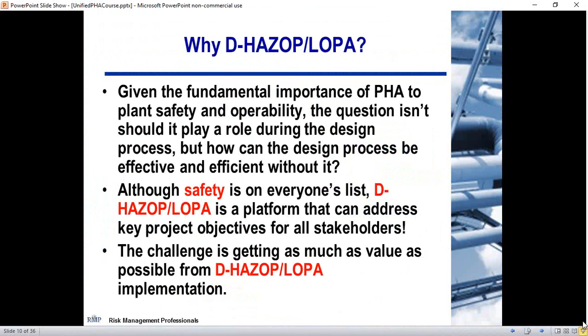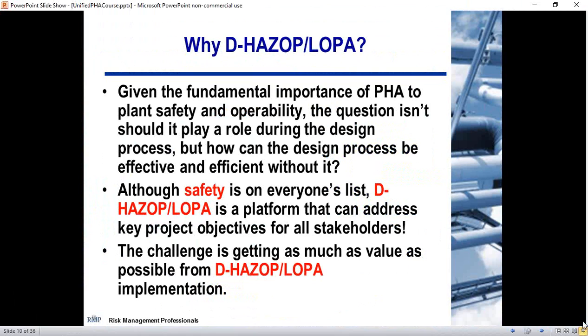Those techniques are very helpful for decision making and problem solving. You've got the resources. You've basically got an overall design approach. So the idea is, how do you pull those together? Well, realistically, given the fundamental importance of process hazard analysis to safety and operability, the question is basically, should it play a role during the design process? But how could you do a design process effectively without infusing these kinds of concepts?